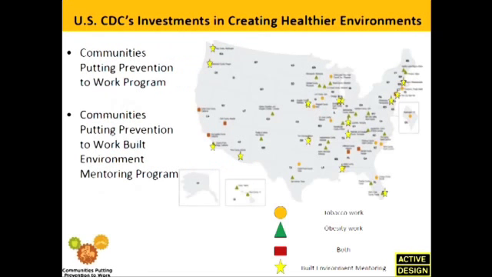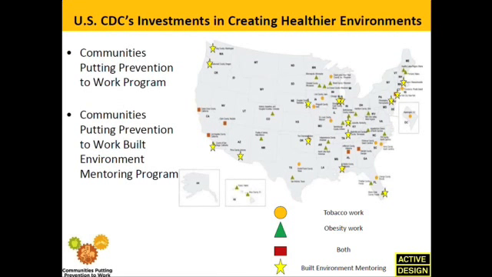Now, I want to finish up with the last few slides. You could see here the investments that the U.S. Centers for Disease Control and Prevention has undertaken in creating healthier environments. So in the last 2-3 years, they funded all 50 states and over 50 communities to undertake work to create healthier policies and healthier environments in order to address tobacco and obesity.